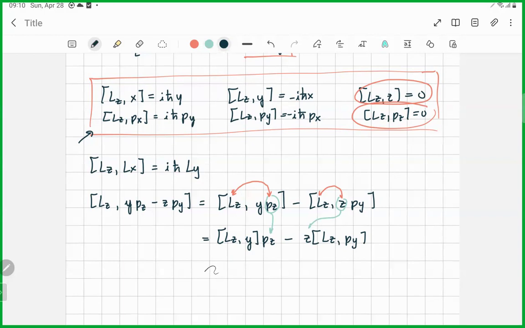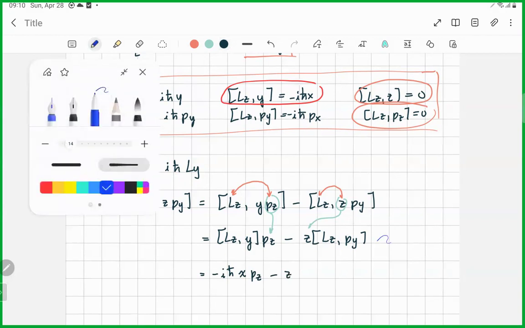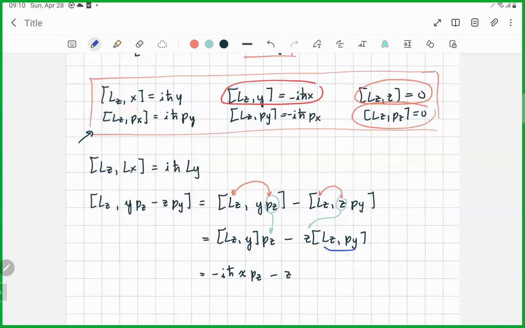So that was the purpose of item A. So LZ with Y is this one. So let's write the answer. Minus iħ X with PZ, minus Z. And now this other commutator LZ with PY is here. So it's minus iħ PX.